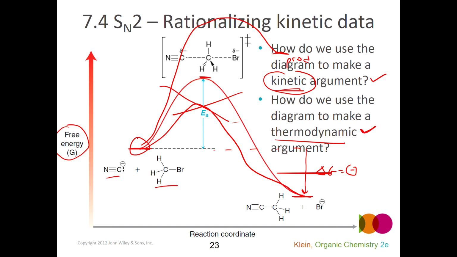I have to look at, is the transition state energy low enough and the conditions such that they'll have some effective collisions that can make it over there and produce a reasonable amount of product in a given period of time. That's the kinetics. And also, are the products stable enough, or do they have enough entropy so that they're lower in free energy than the reactants, so when it does reach equilibrium, I'll get a significant amount of the products present.